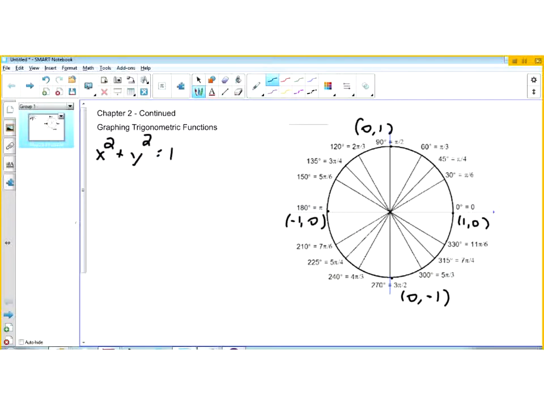Now, t is your terminal number. On the unit circle, that's the distance on the perimeter of the unit circle from the point (1, 0). So this is your terminal number.